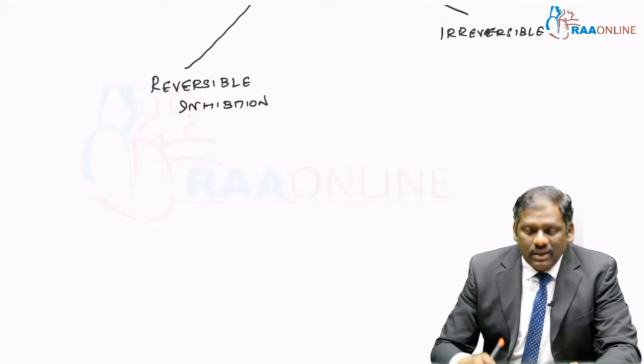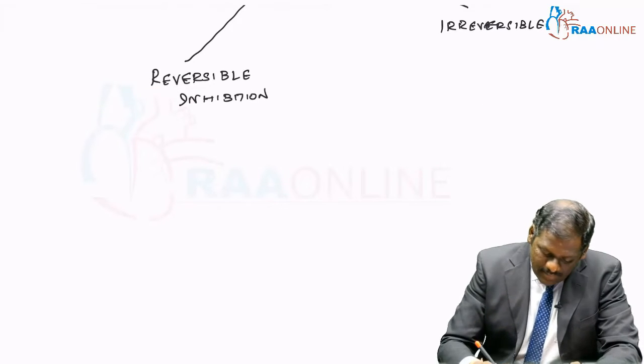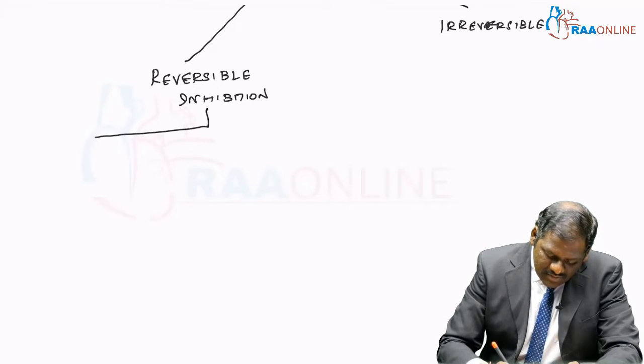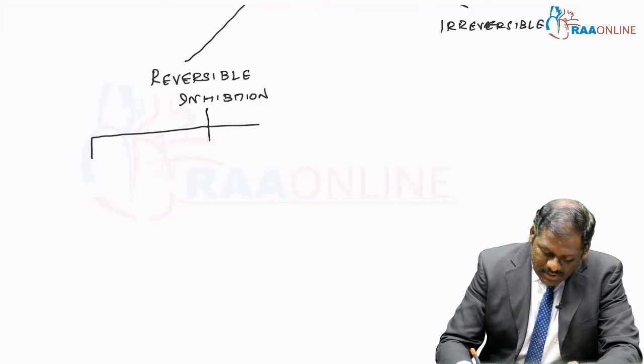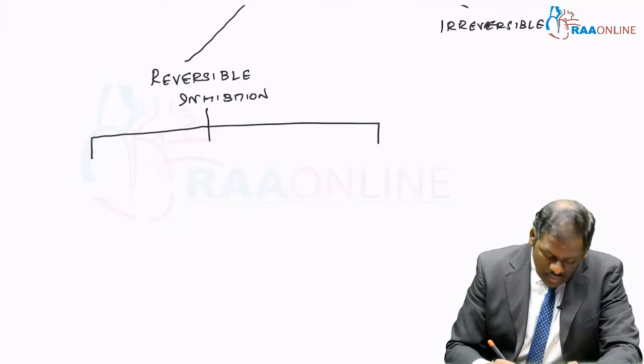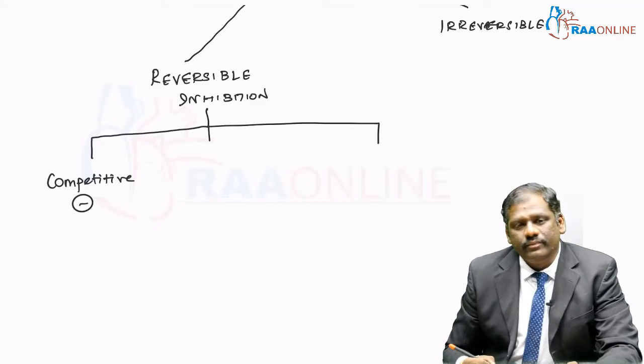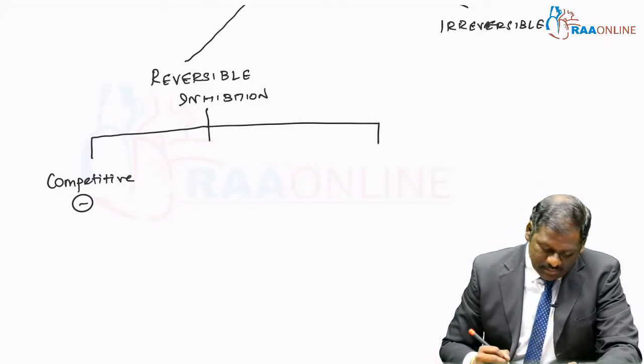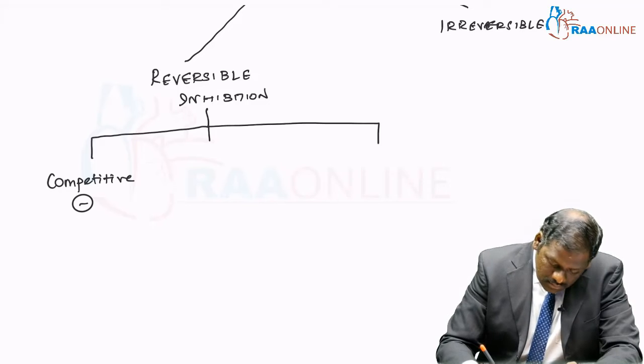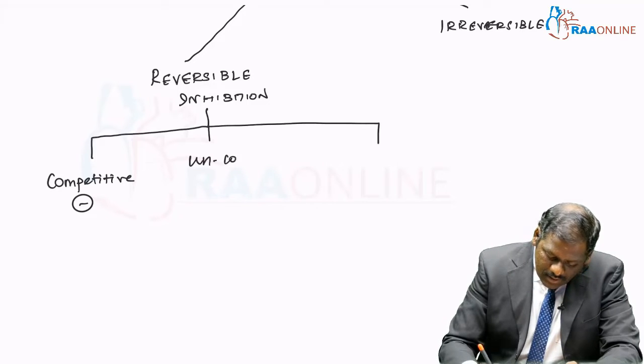Now this reversible inhibition can further be classified into three types. The first one is competitive inhibition. The second one is uncompetitive inhibition.